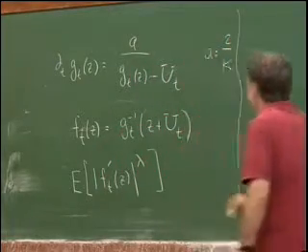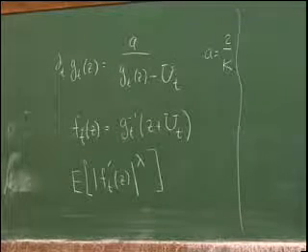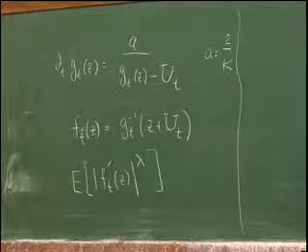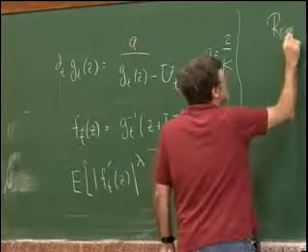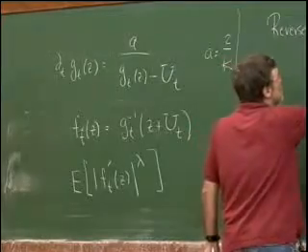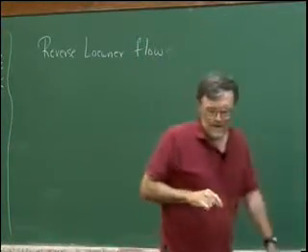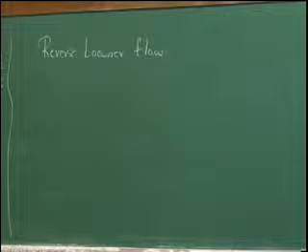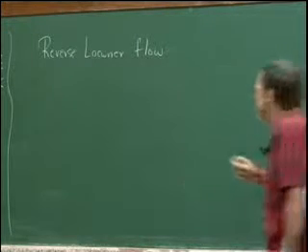Now, when computing moments for the derivative, it turns out it's often useful to look at the reverse Loewner flow. So the reverse Loewner flow or reverse Loewner equation can be thought of as the Loewner equation run backwards in time, negative time.